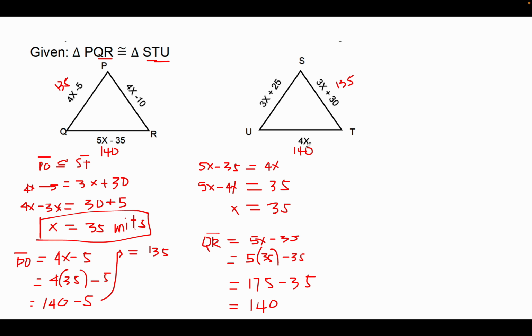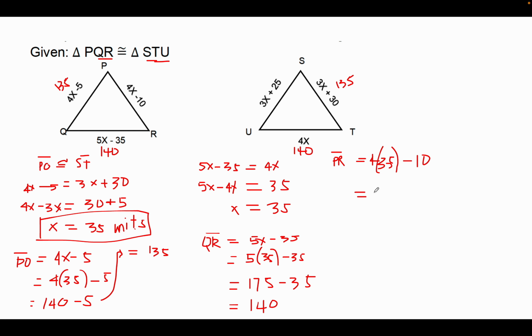So this is 140. So meaning eto, substitute mo lang din yung 35. Yung PR tsaka SU ang pareho. So, line segment PR is equal to 4 times 35, diniretso ko na, minus 10.